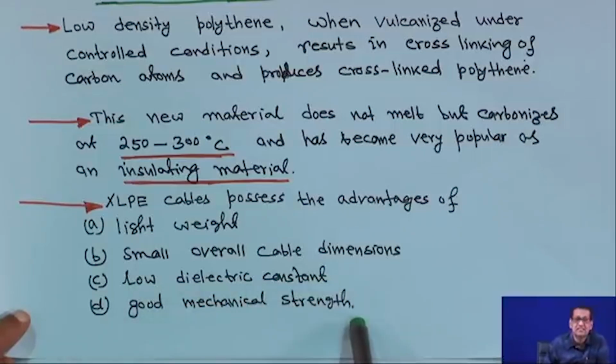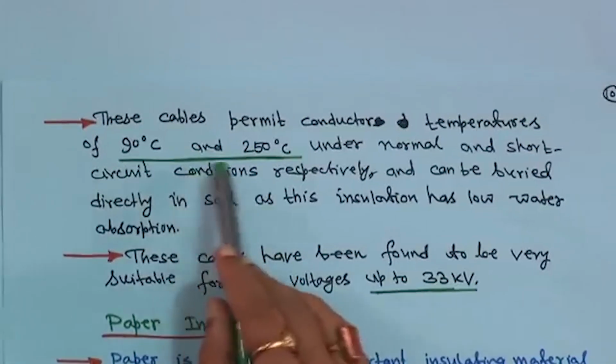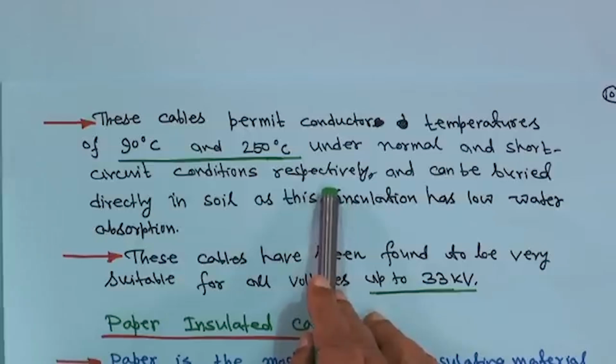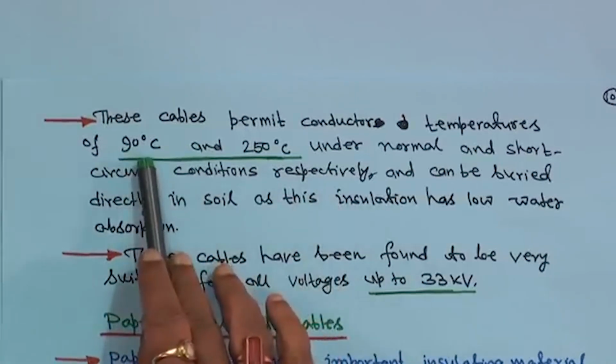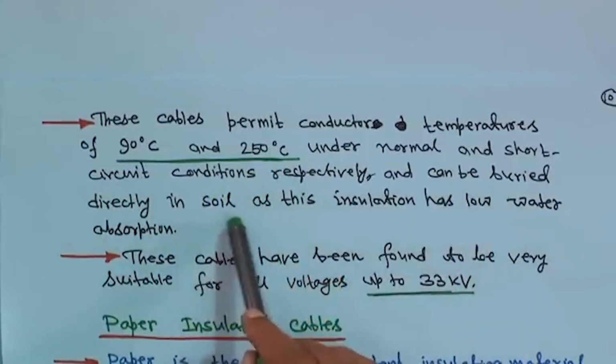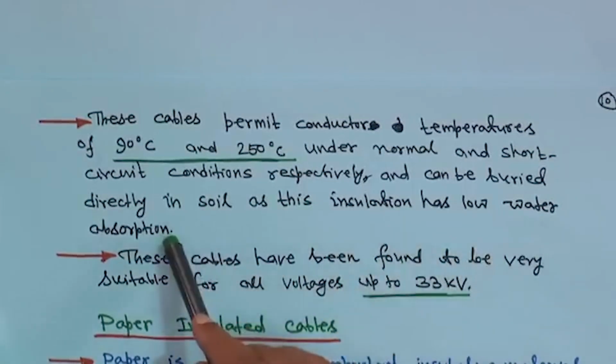good mechanical strength. So, it has some properties that make it preferable compared to other cables. These cables permit conductor temperatures of 90 degrees Celsius and 250 degrees Celsius under normal and short circuit conditions respectively. 90 degrees normal is quite high, and 250 at short circuit is also okay. They can be buried directly in soil as this insulation has low water absorption.